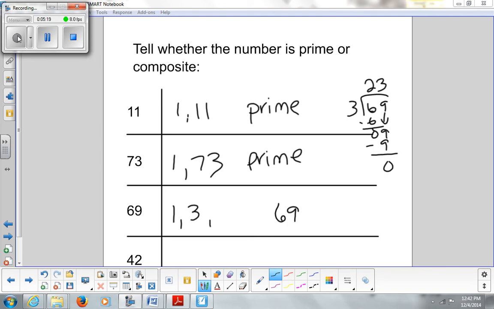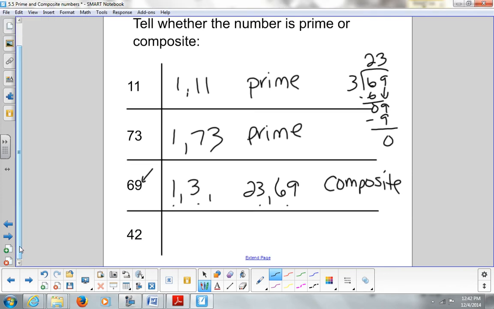So 3 and 23. 4 can't go in because it needs an even number at the end as well. 5, it needs to be a 5 or a 0 at the end. 6 can't go in because it won't go into 9 evenly. And that is all. But it is a composite number because it has 1, 2, 3, 4 factors.